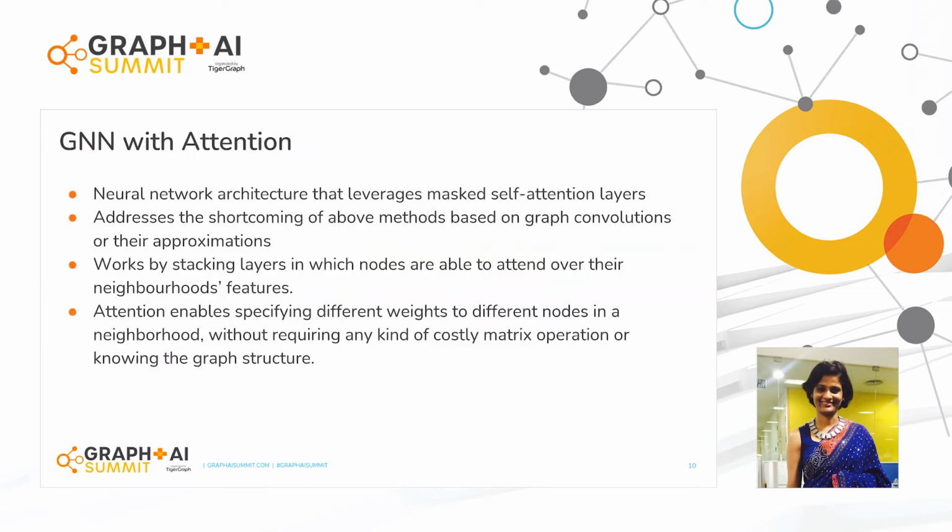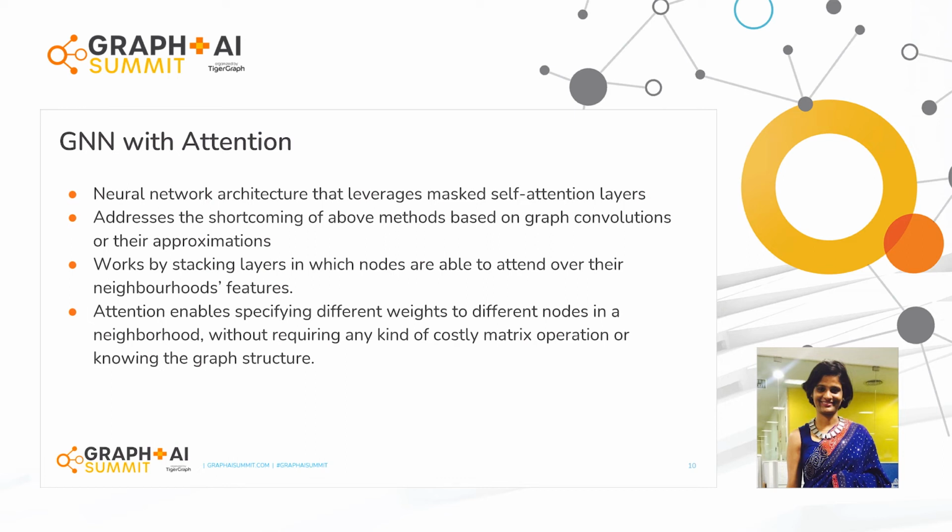And the next approach is the GNNs with attention, also known as graph attention networks. So graph attention networks overcome most of the shortcomings of previously discussed architectures, and it leverages this concept of masked self-attention layers. The way it works is it has multiple self-attention layers stacked on top of each other.